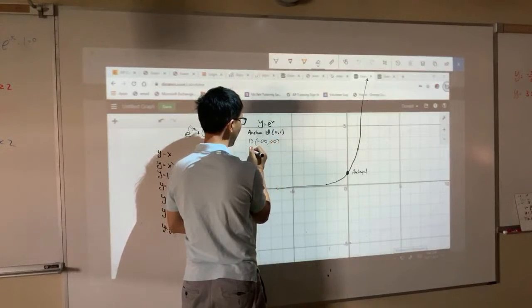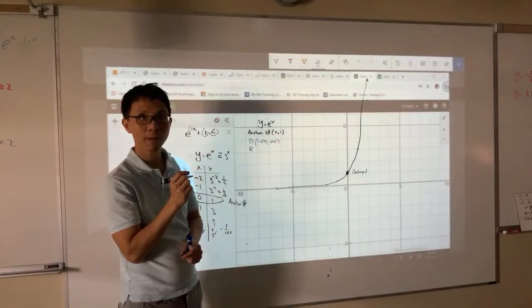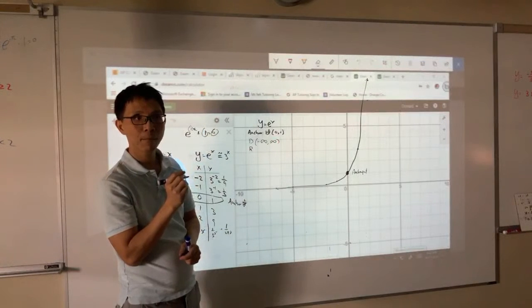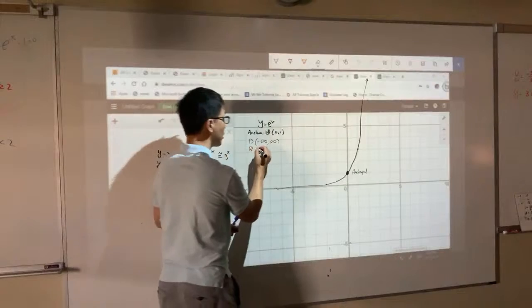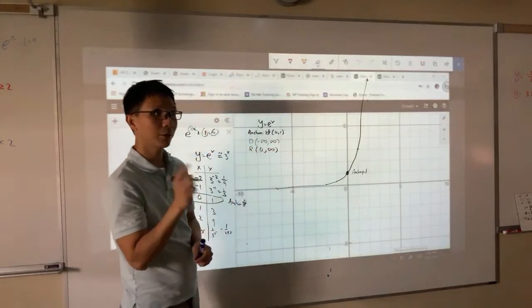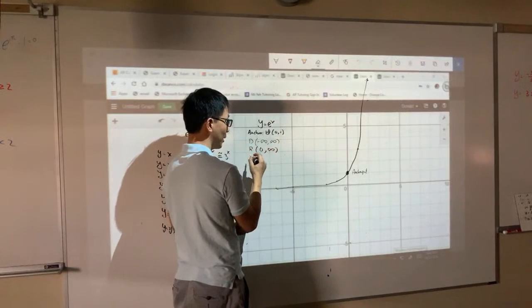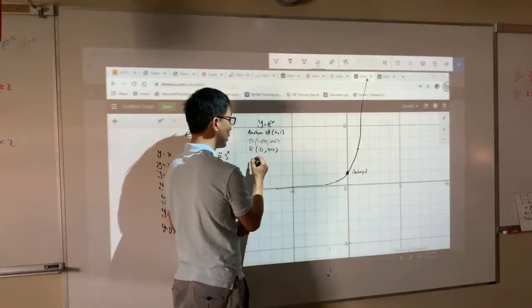Range is gonna be, be careful, what is the range in this case? Parentheses 0 to infinity, not a bracket, because you're not including 0. And then your anchor point is 0, 1. There's an asymptote.